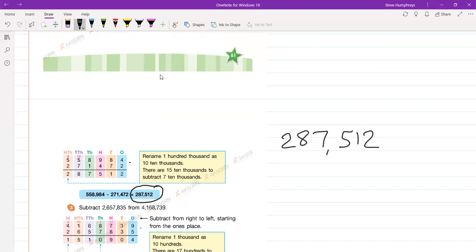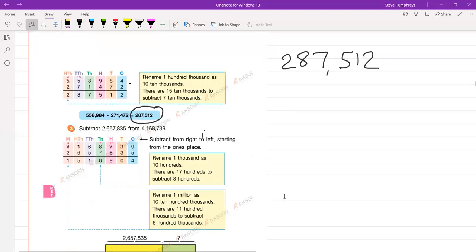Okay. Now we're using 7 digits. These are numbers up to 10 million. Okay. Same method. Just because it's bigger numbers doesn't make it any more difficult. Okay.